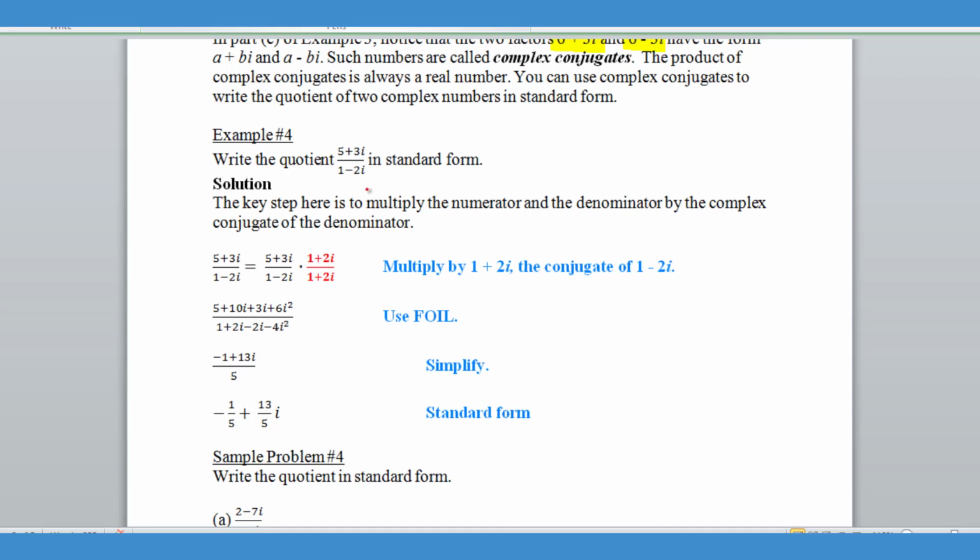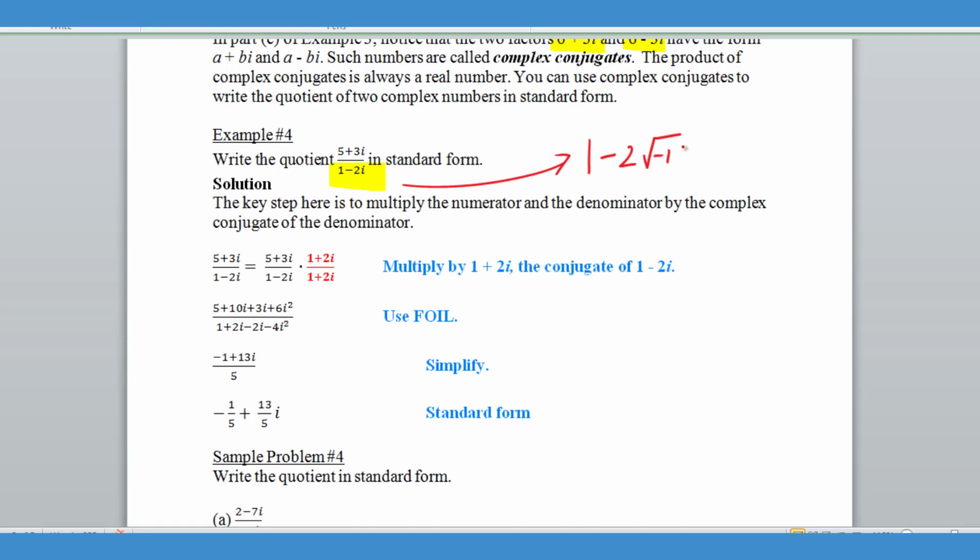This value of 1 minus 2i is the same thing as 1 minus 2 times the square root of negative 1, because i equals the square root of negative 1. And if you recall from simplifying radicals, we cannot have a radical in the denominator. So having an i in the denominator of a fraction is the same as having a radical. We must get rid of it, and we must do that by rationalizing the denominator.